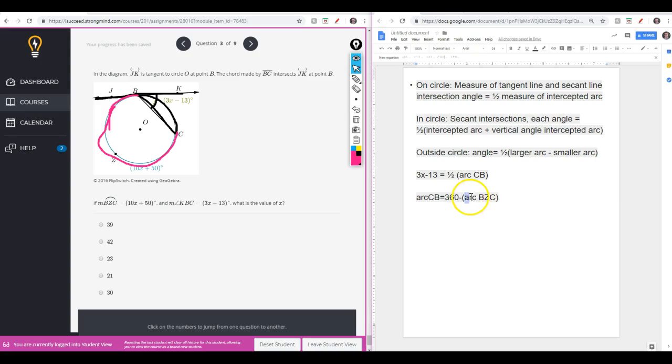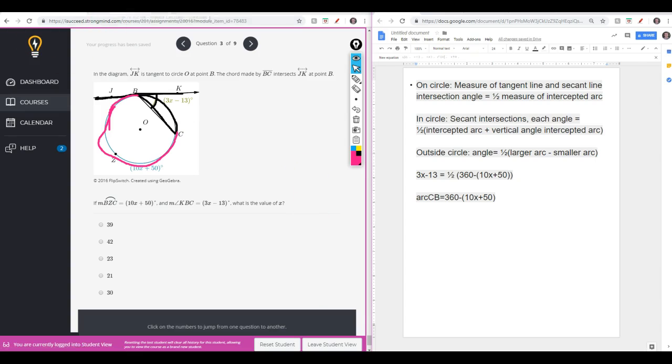We know the arc BZC is 10x plus 50. So I would take what arc CB is and use substitution. I would copy that, and I would substitute it in for what arc CB is.